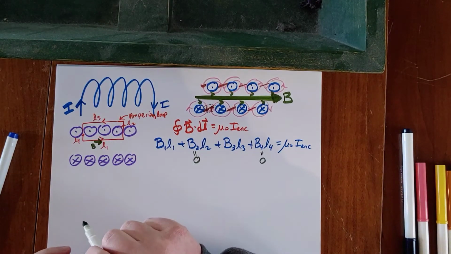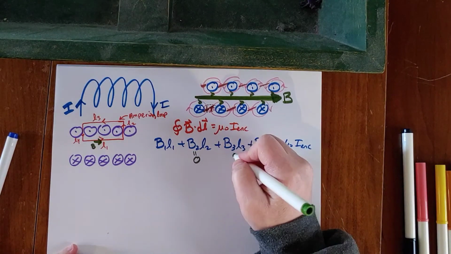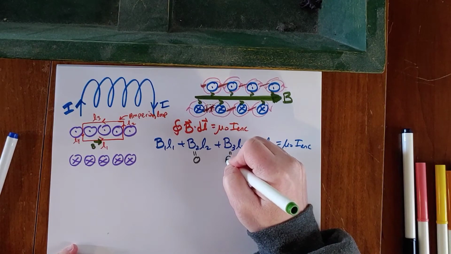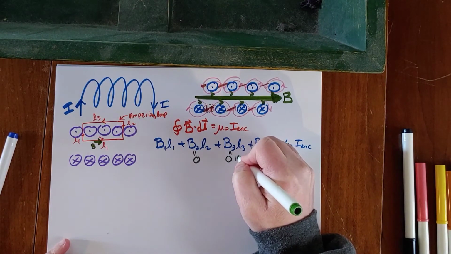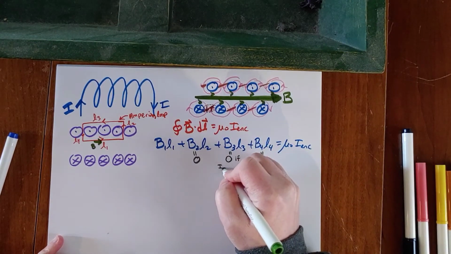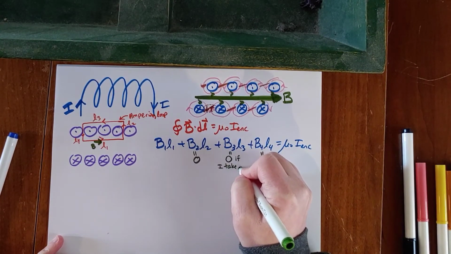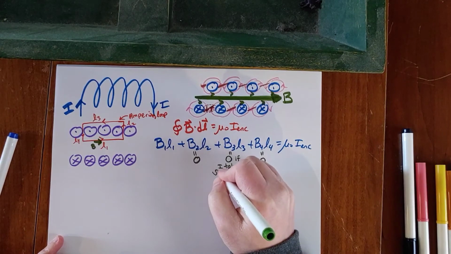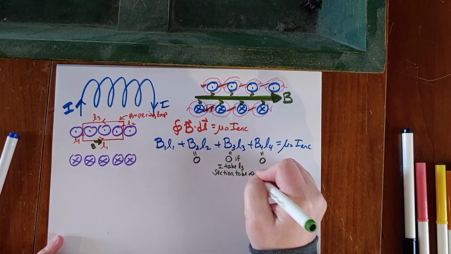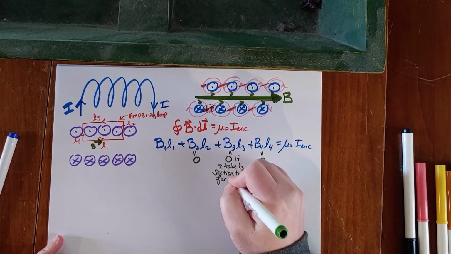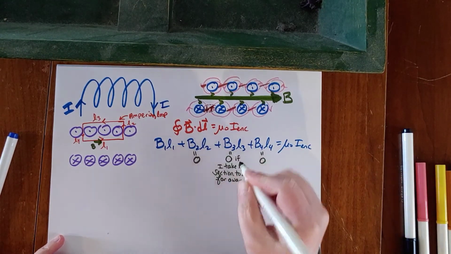So this is where I get to have a little bit of fun. And I get to make the argument that B3 is 0 if I take that L3 section to be infinitely far away.